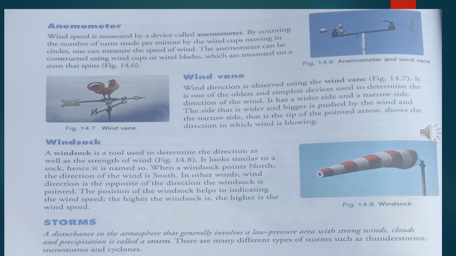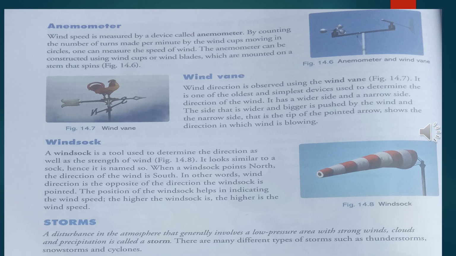When a windsock points north, the direction of the wind is south. In other words, wind direction is the opposite of the direction the windsock is pointed. The position of the windsock helps in indicating the wind speed. The higher the windsock is, the higher is the wind speed.